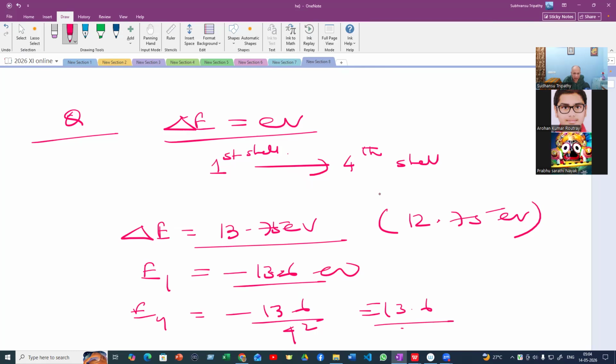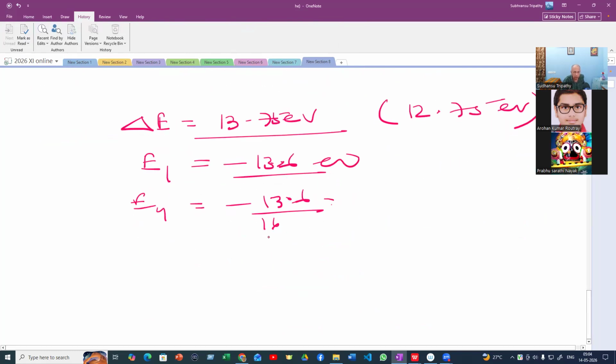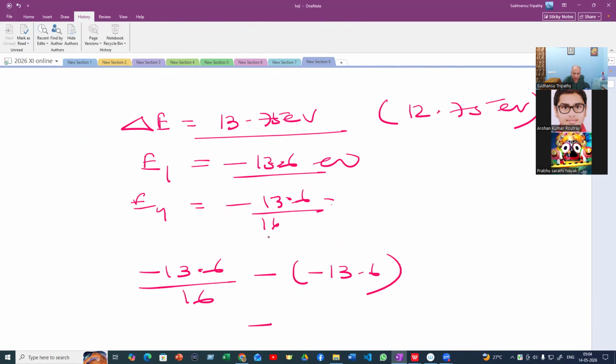Sorry, it is Z square by n square, so n square, 16 is below. So delta E is equal to E4 minus E1, that is equal to E4 which is -13.6 by 16 minus -13.6.